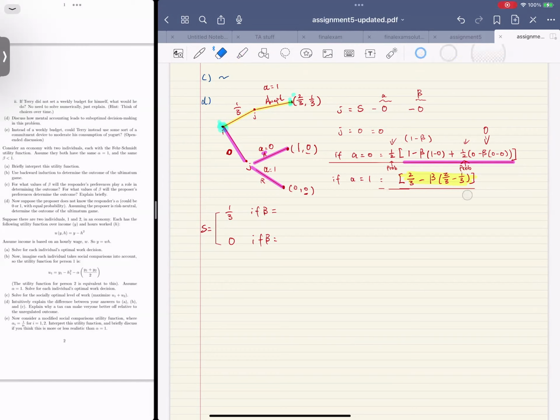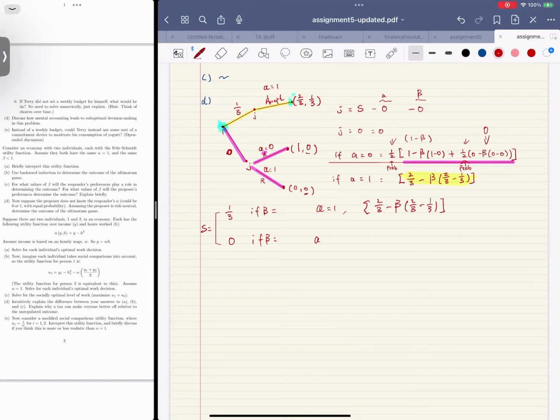It's either 0 or 1 for alpha. So if alpha equals 1, the only case scenario we will have is 2/3 minus beta of 2/3 minus 1/3. This is our only case.